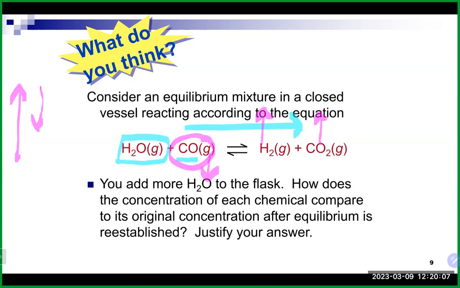So in the case of the water, it might be hard to determine exactly where you end up. You might actually end up higher than you started with because you threw some in there. But what you definitely should see is a spike in it because you added it. Once the forward reaction starts, you should see that water come down with the CO as they react to make our products. Any questions on that?